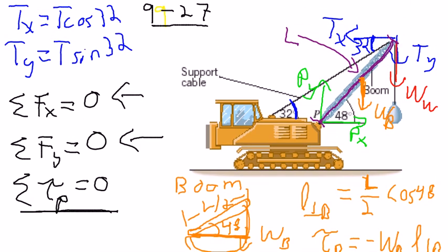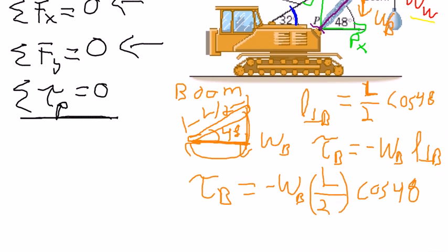So that's one of our torques that is going to be acting. If we look back at our picture, there's also going to be three torques acting up here at the top. There's a torque due to Ty, the weight of the wrecking ball, and Tx. So let's look at each of those.